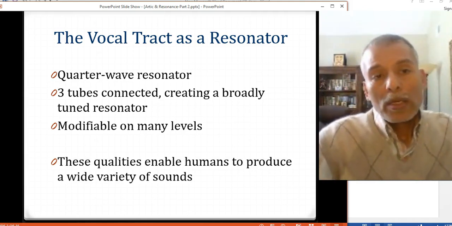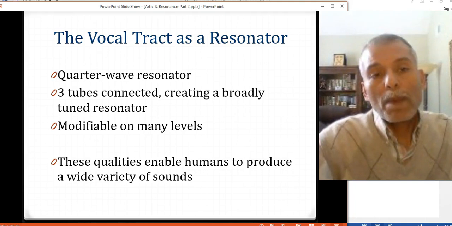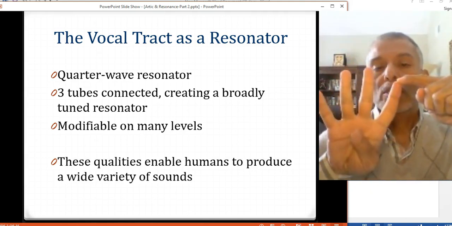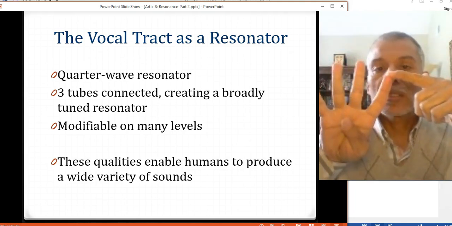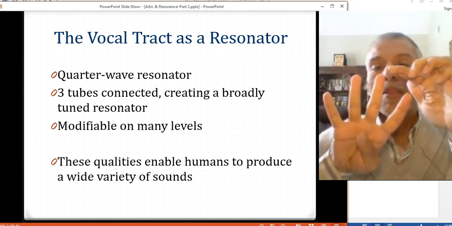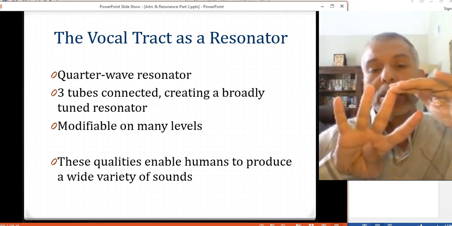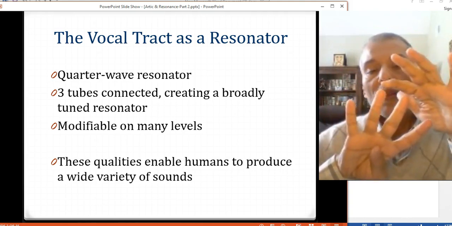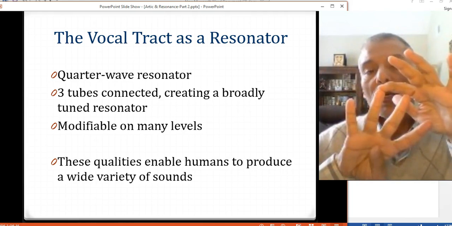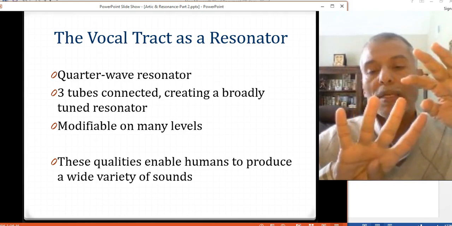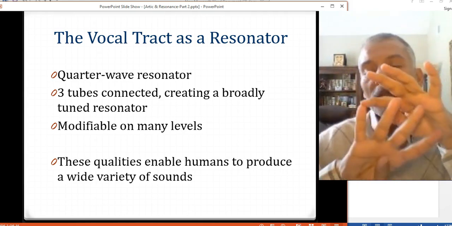So the filtering mechanism of the vocal tract works so that the first resonant frequency occurs, then the second one that we expect to occur is attenuated. And then the third one is kept, and then the fourth is deleted.